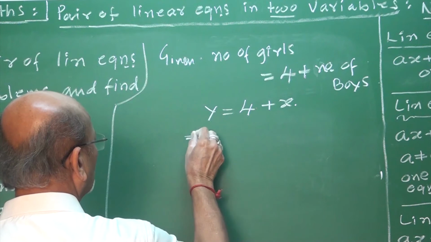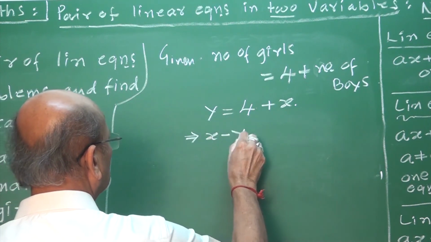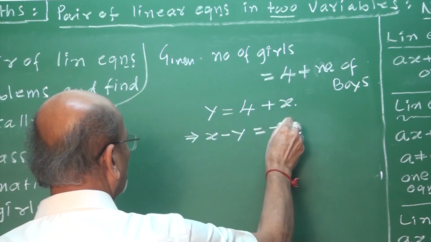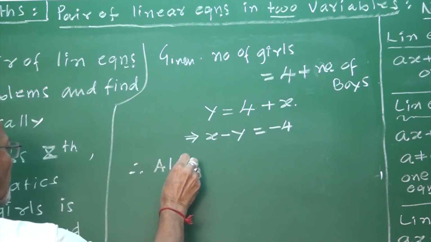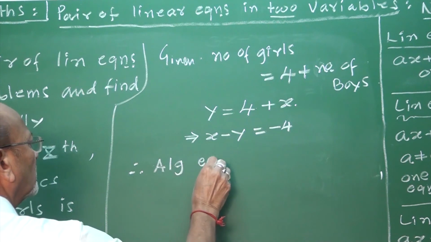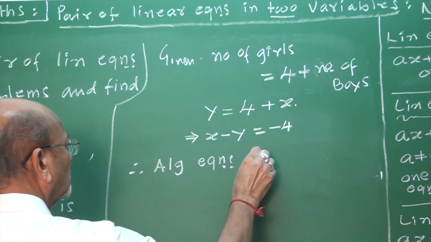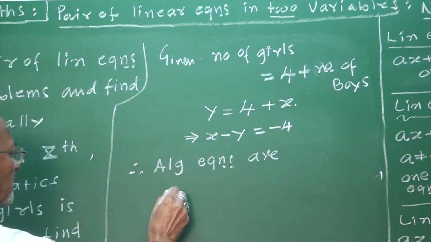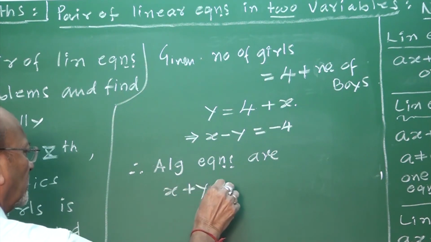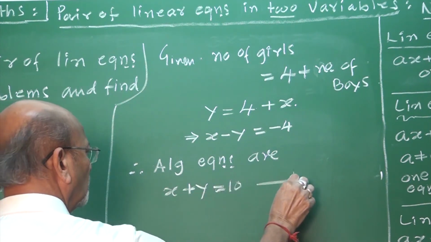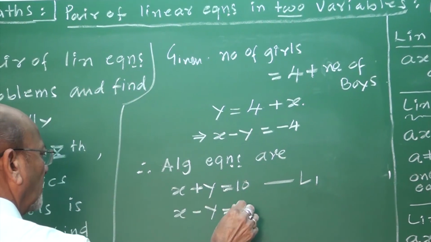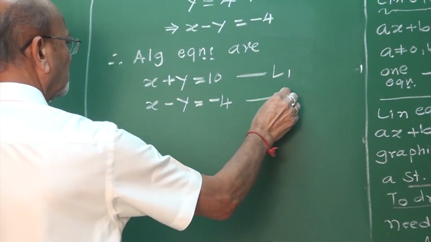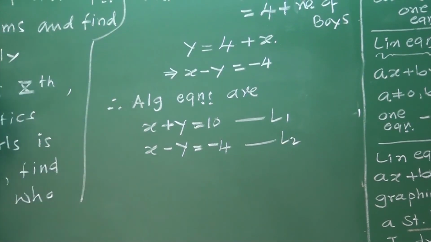This gives, my friends, x minus y is minus 4. Therefore, algebraic equations are: first equation is x plus y equal to 10. Denote this as L1. What is the second equation? x minus y equal to minus 4. This is, my friend, the second equation.